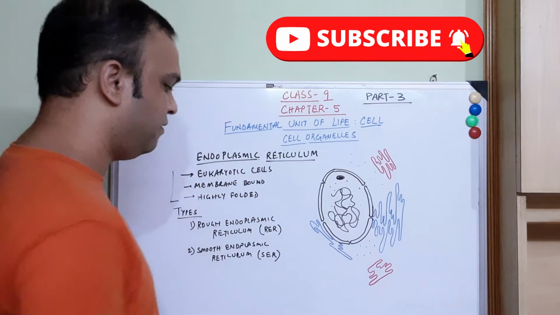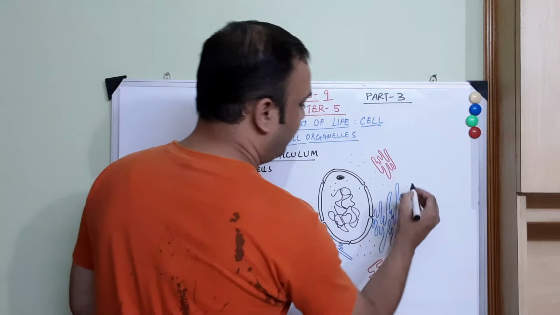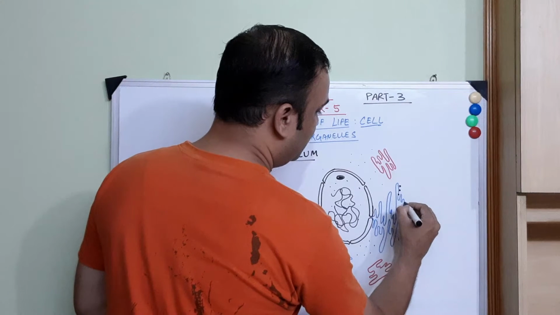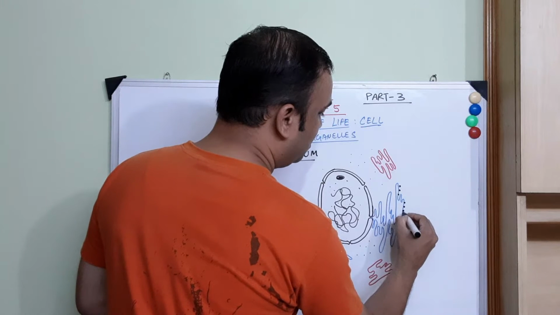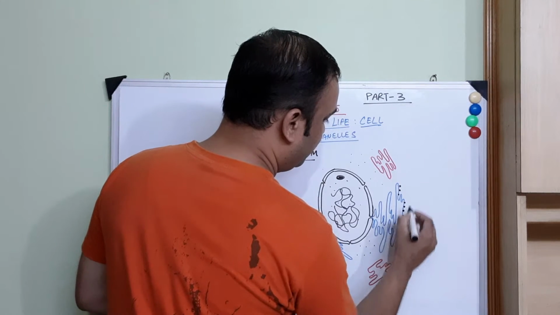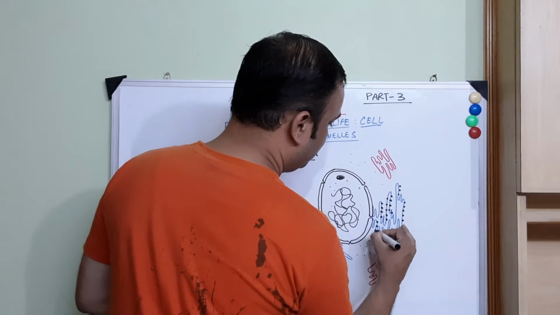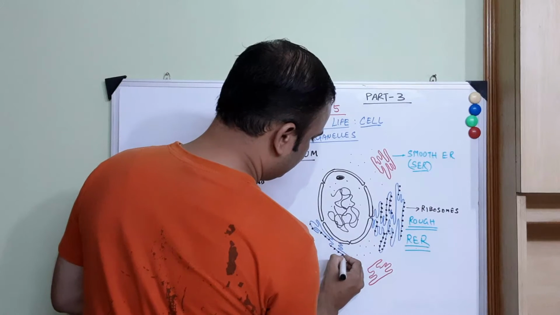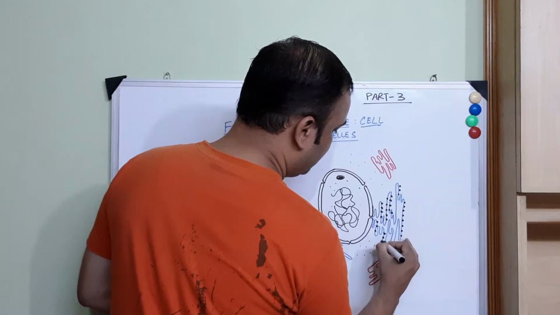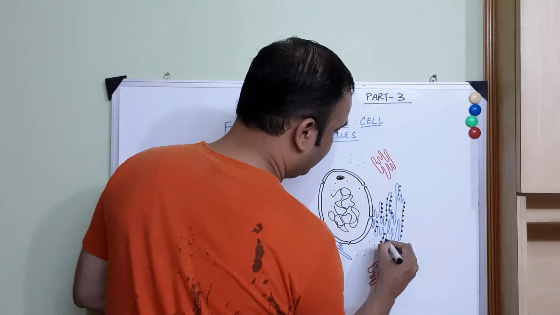Which one of them will be rough? The one which is attached to the nuclear membrane has some dot-like structures over its surface. These dots make this endoplasmic reticulum rough. And students, these dots which I am making are very important cell organelles.